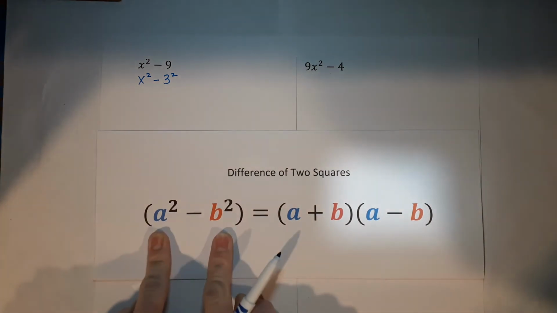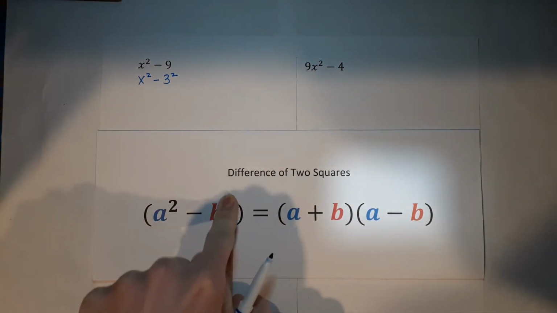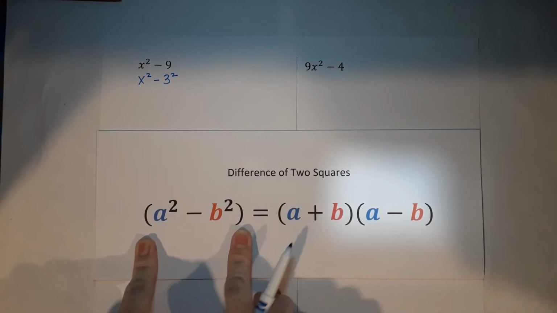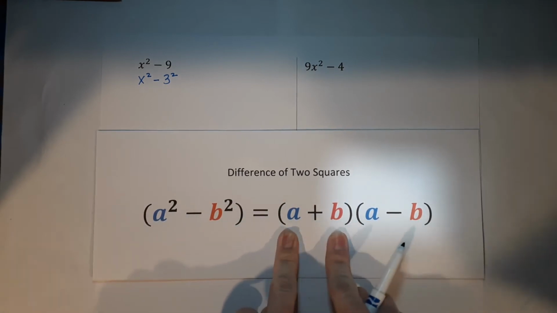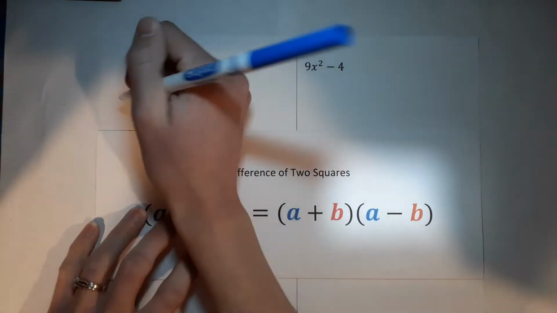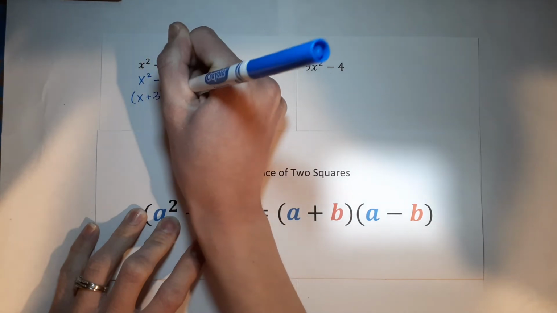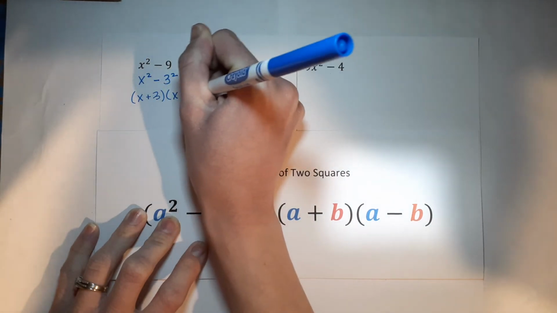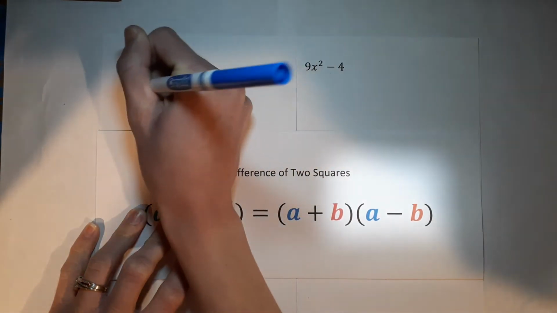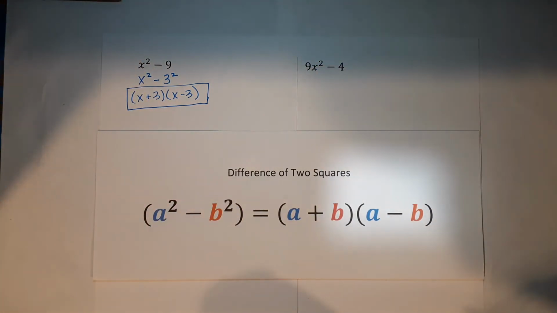Now does that look like a number or variable squared minus a number squared? So I take the first one plus the second one, multiplied by the first one minus the second one. So it's going to look like this: x plus 3 times x minus 3. And guess what? You're done. What? That's it? That's it.